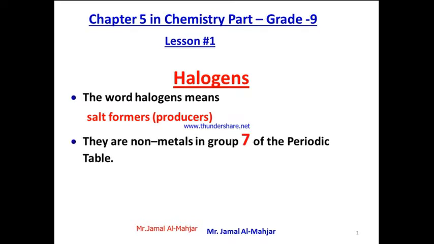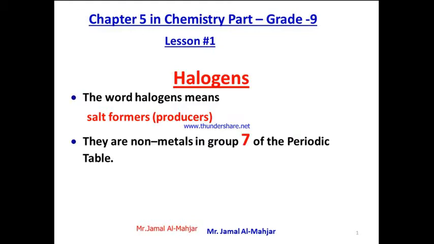Where can we find them in the periodic table, with metals or with non-metals? They are found with non-metals, so they are non-metals in group 7 of the periodic table. I will explain the periodic table in the next slide.